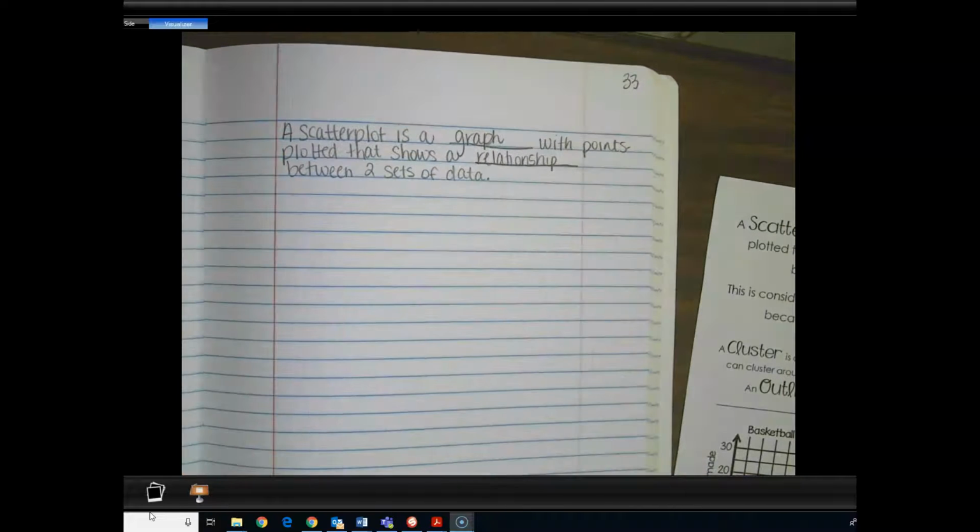So a scatterplot is a graph with points plotted that shows a relationship with the two sets of data.